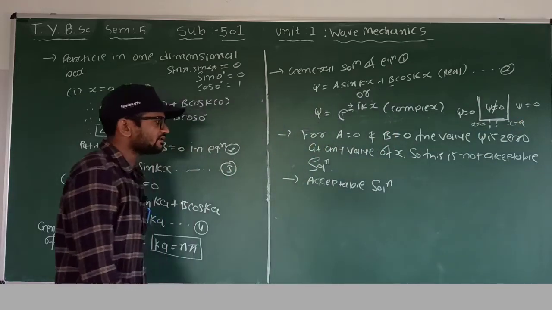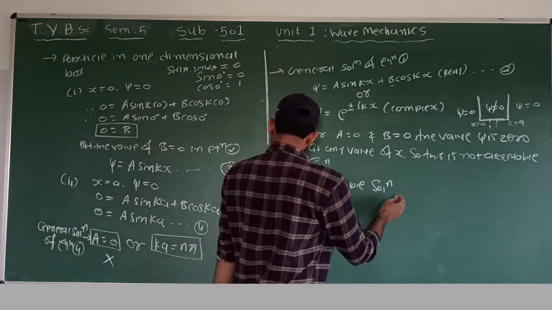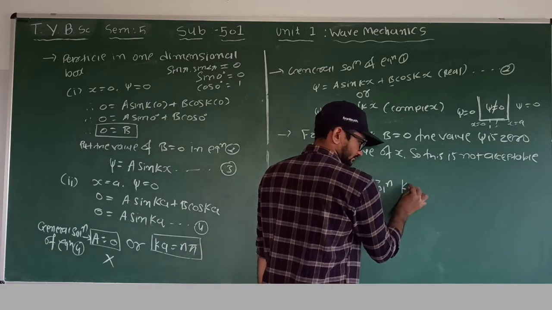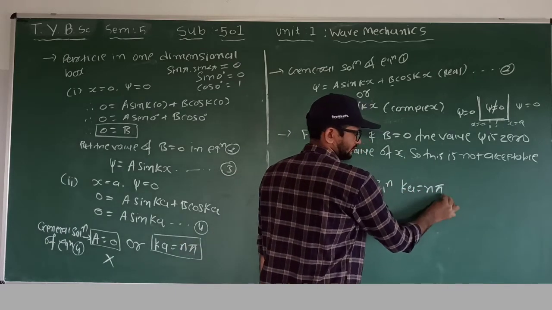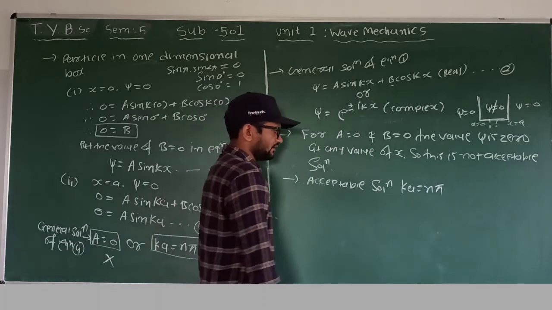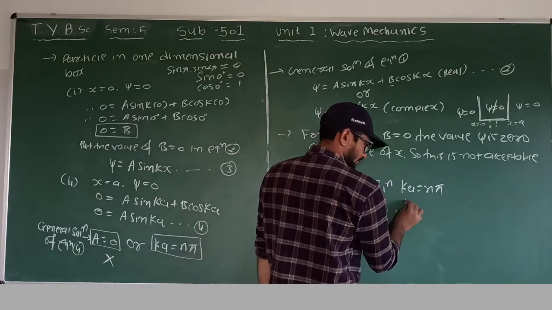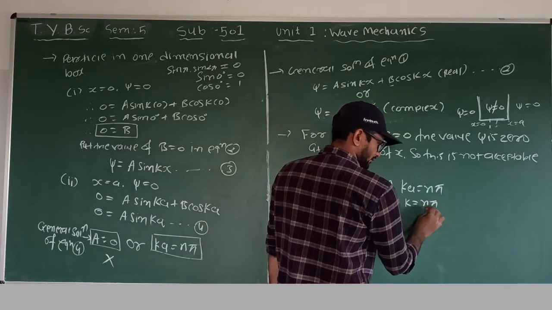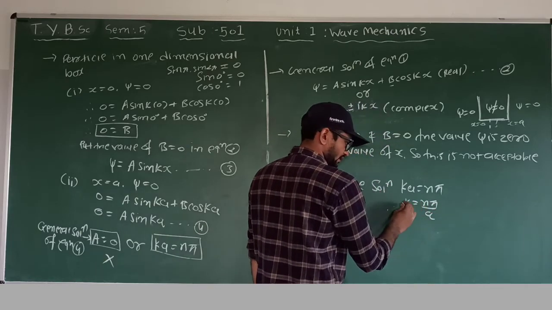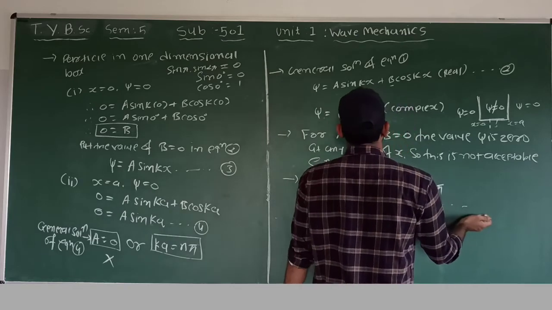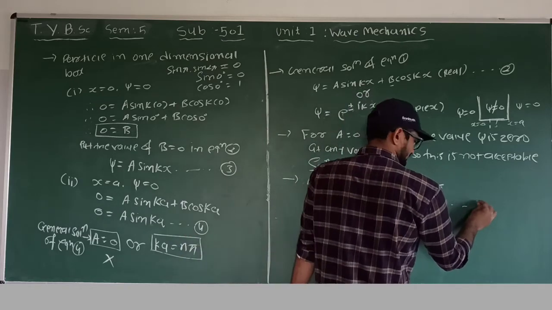So the general or acceptable solution is K is equal to n pi upon a. This is equation number 5.